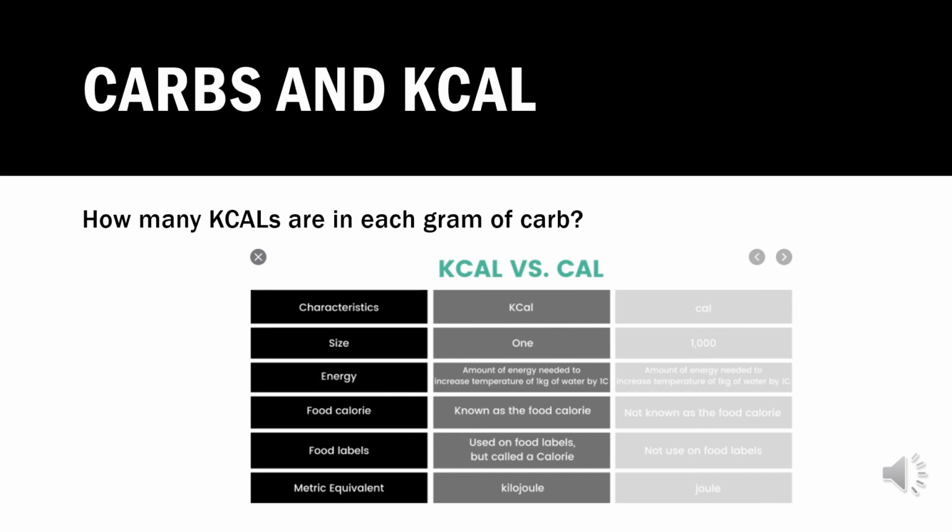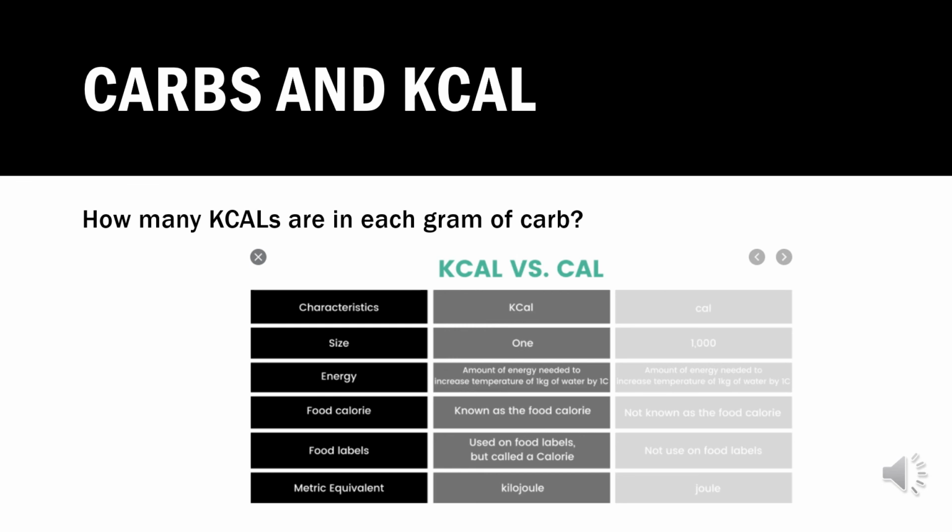So kcalorie is the same thing as a calorie. They're really used interchangeably. So what we call calories, when we look at the calorie count, it's actually a kcalorie. And it's a little bit simpler way of counting calories, because 1 kcal equals 1,000 calories.